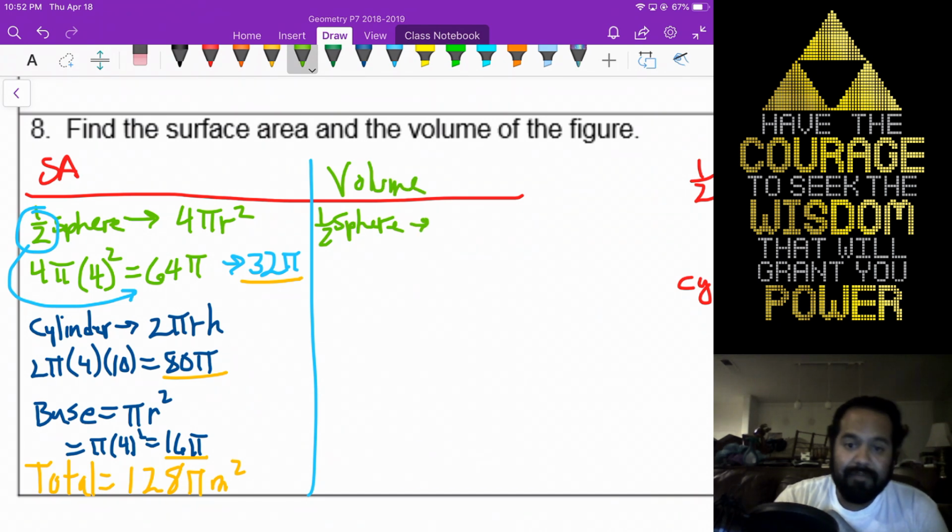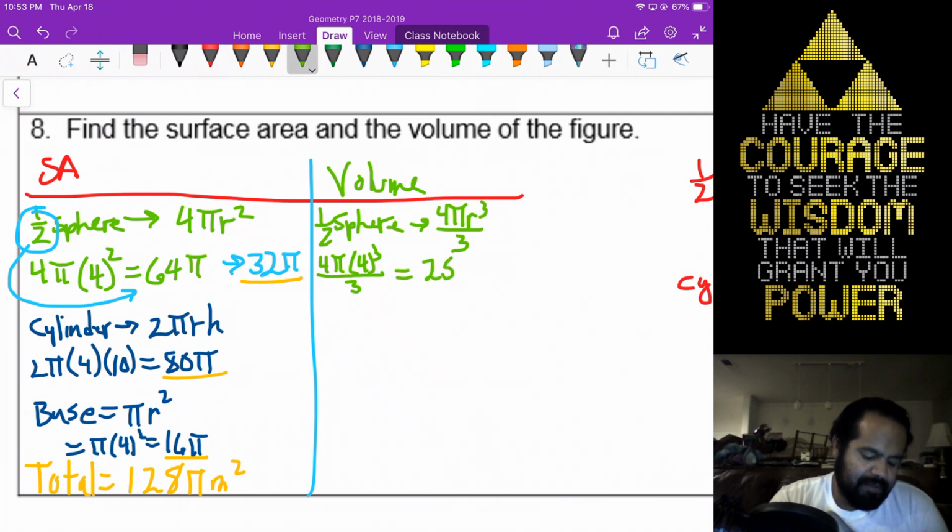So the volume of one sphere is 4/3 pi r cubed, or 4 pi r cubed divided by 3. So then 4 pi, 4 cubed, all over 3. Oh man. 4, 16, 64, 256. So 256 pi over 3.